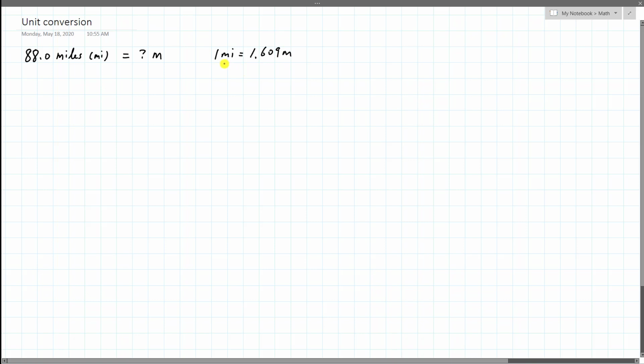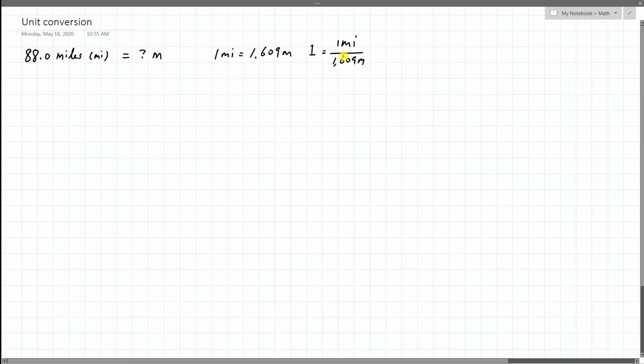We have this equivalence, essentially a mile is exactly equivalent to 1609 meters. So if I take 1 mile and I divide it by 1609 meters, I get a 1. And this one is actually a numerical 1 with no unit whatsoever, because 1 mile is exactly 1609 meters, right?